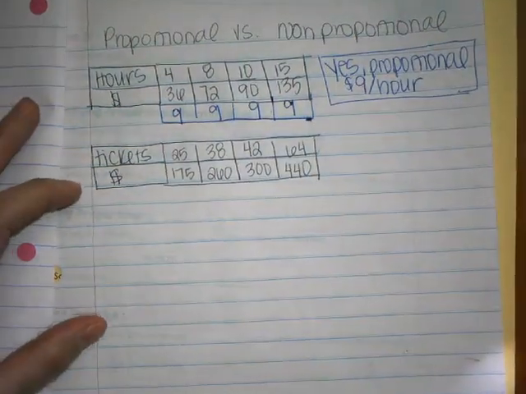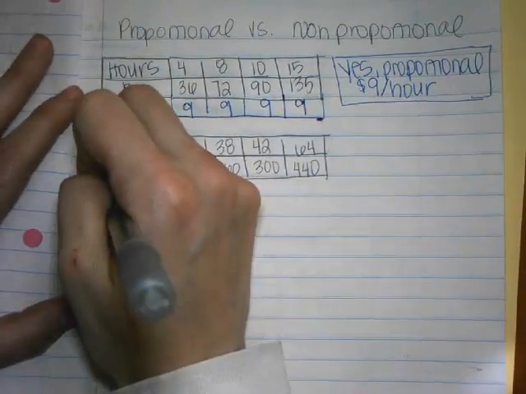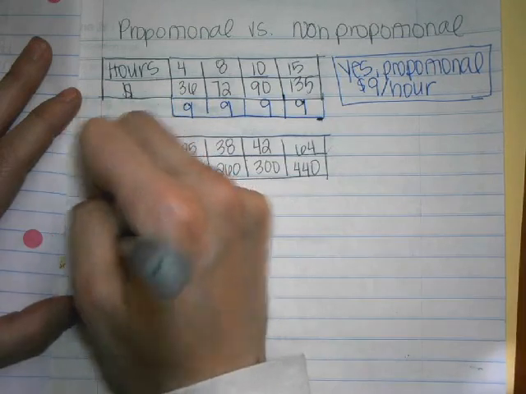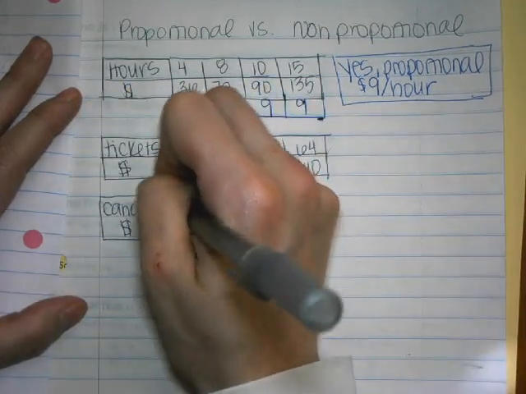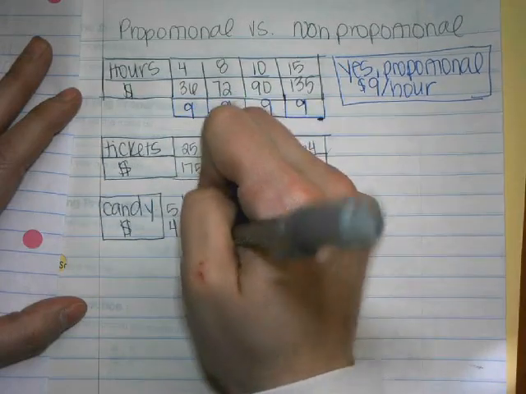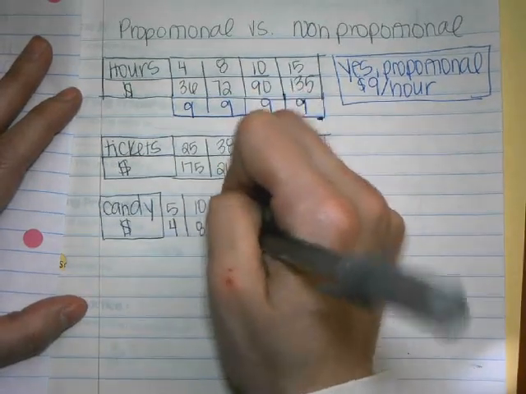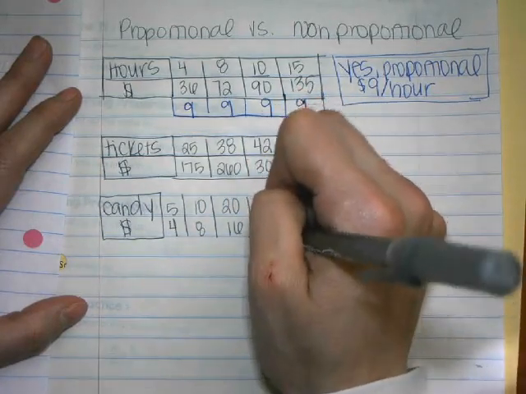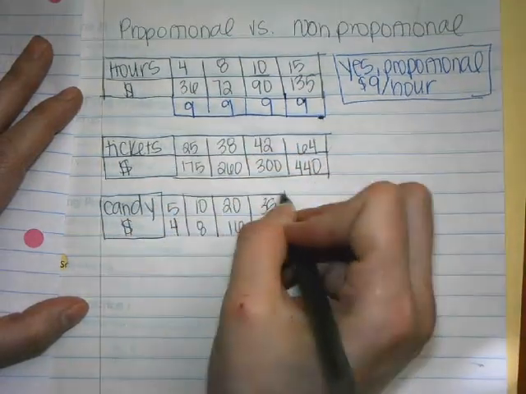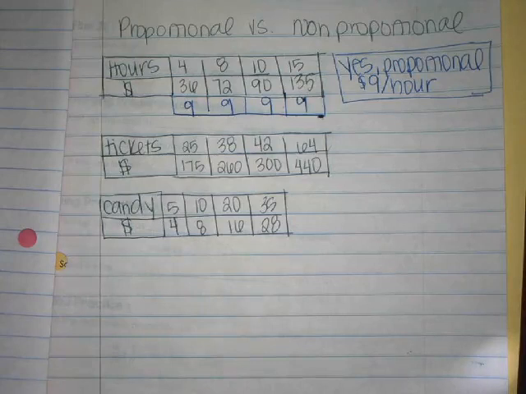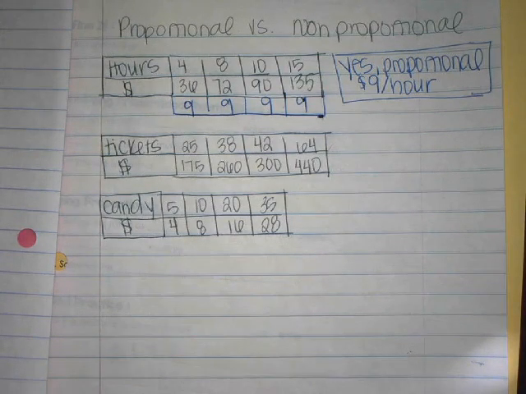Alright, so there's your first one for you and your partner to do, and then here's your second one. Okay, there you go. When you are done writing, both you and your partner are done. Solve those 2 problems for me, please, and thank you.